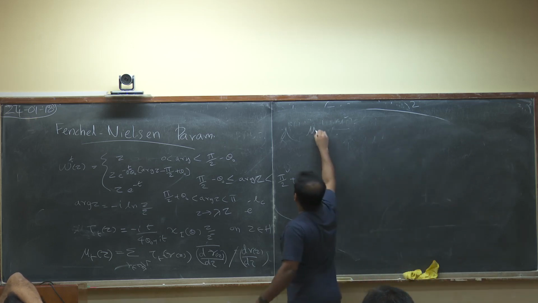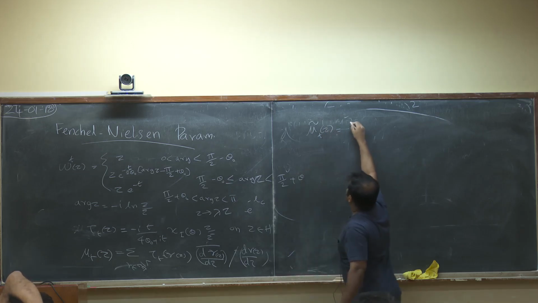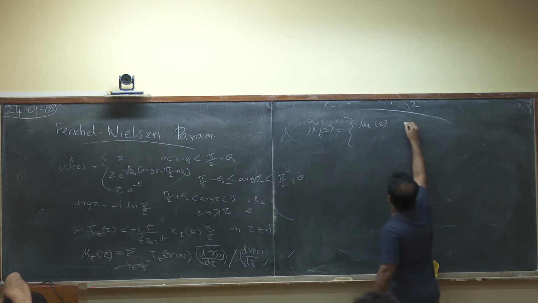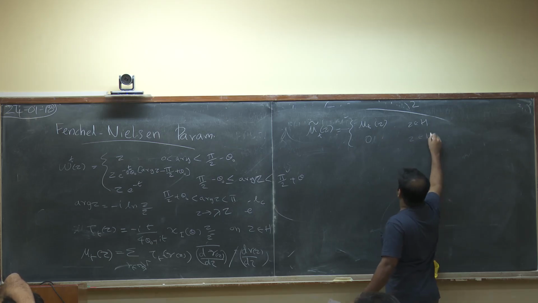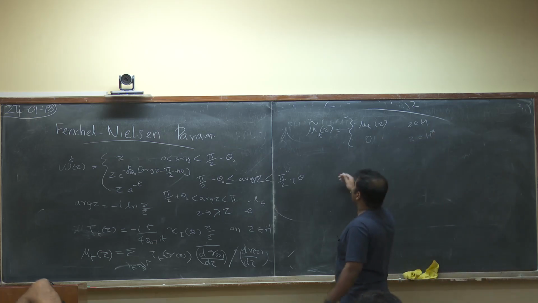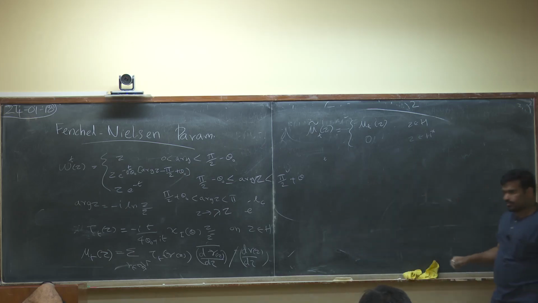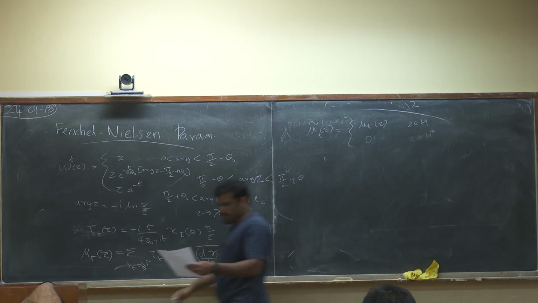So you could write a new Beltrami differential mu tilde c by stating that on the upper half plane it has non-zero value and on the lower half plane you have 0. Now for small values of t, you can construct the quasi-conformal transformation on the full complex plane, and I can write down the answer.